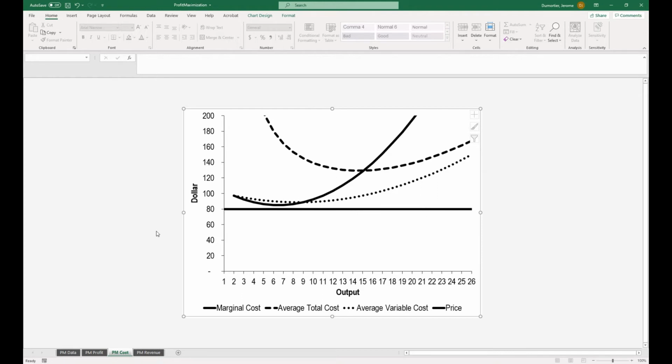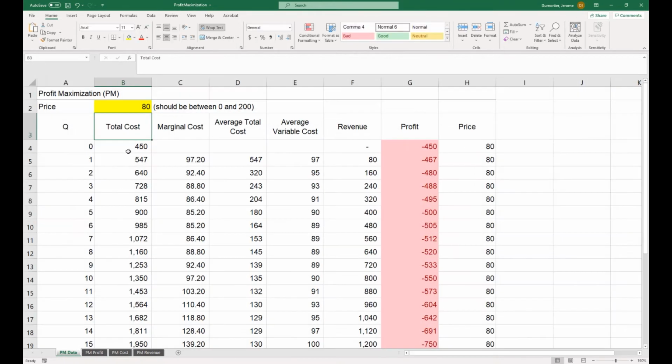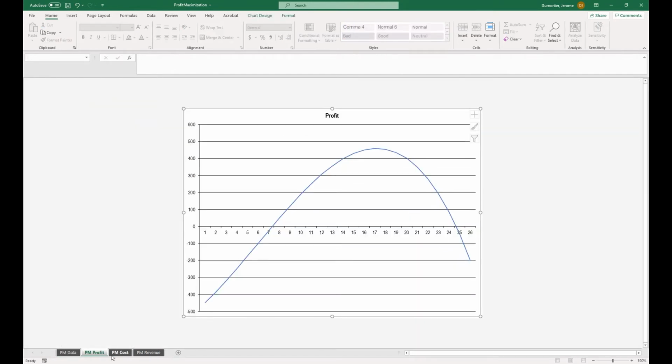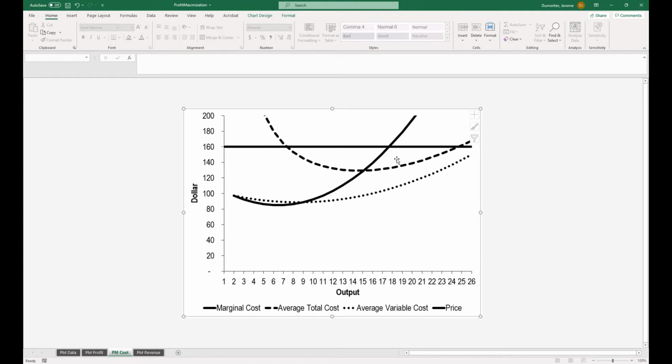Now, the question is, how does this relate to deriving the actual supply function? We have seen that at the price of $160, the firm is setting the price equal to the marginal cost.